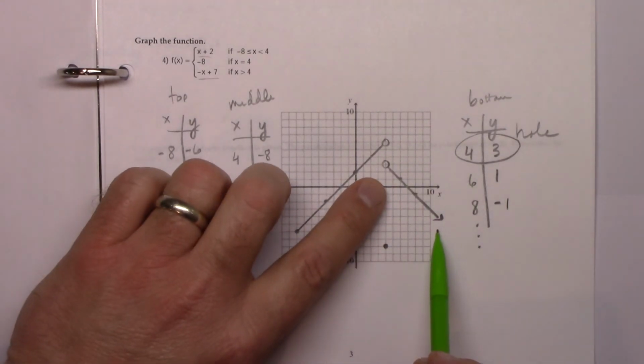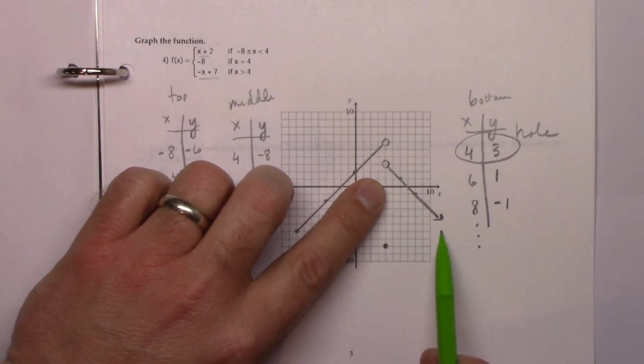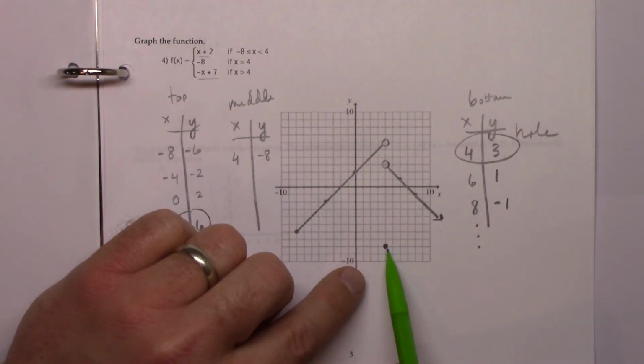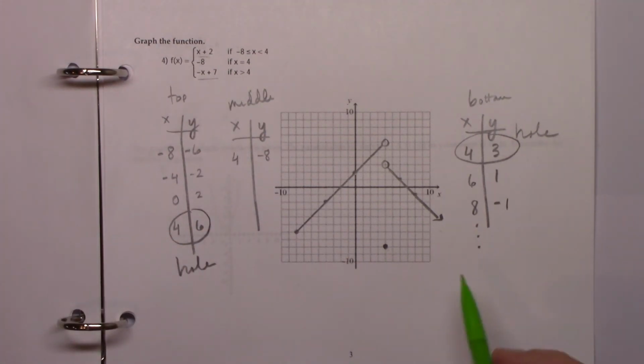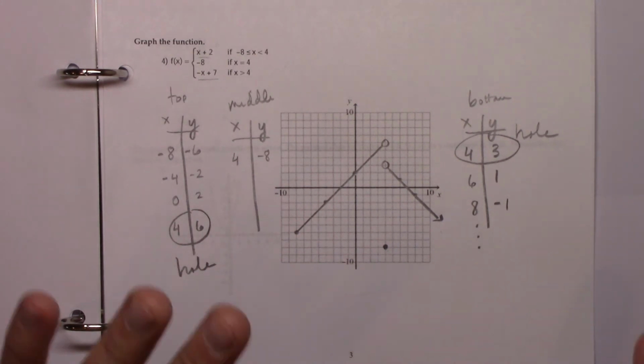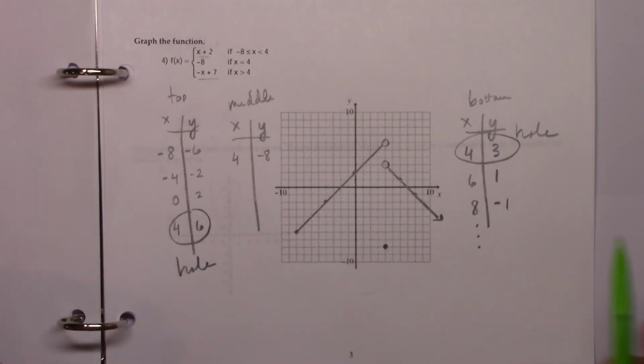For this right-hand side, open point on the left, arrow going down to the right, and then of course that middle piece is just one particular point. So that overall end graph has a lot of little details to make sure you're getting right. But the nice thing is it's really just constructing XY charts to fill out those points.